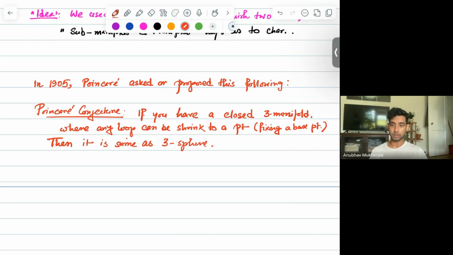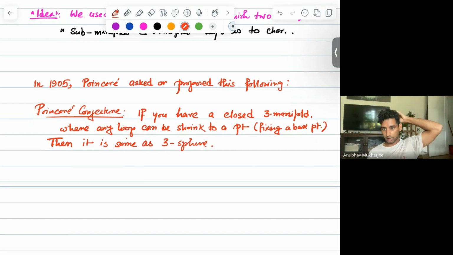The beauty of math is that it is so simple that you can understand the question once you see it, but so difficult that you don't know how to solve it. That is the essence or beauty of math. And this is the famous question that he proposed in 1905.